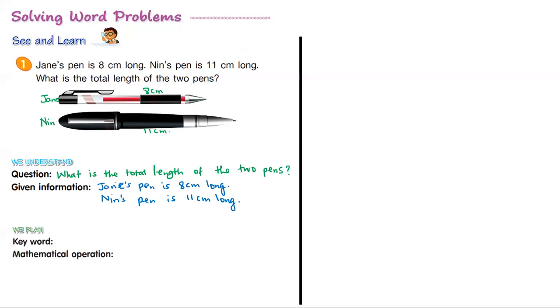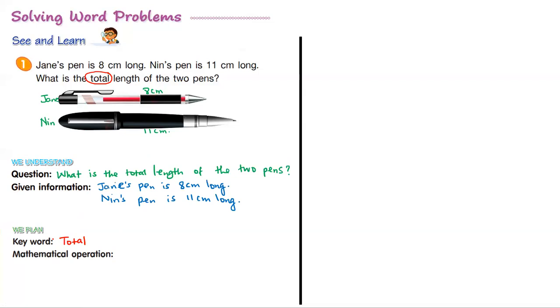Next, let us plan. How are we going to answer this? We know the question and we can see what we have. We need to know the key word. What is the key word here? The key word is total. Okay.